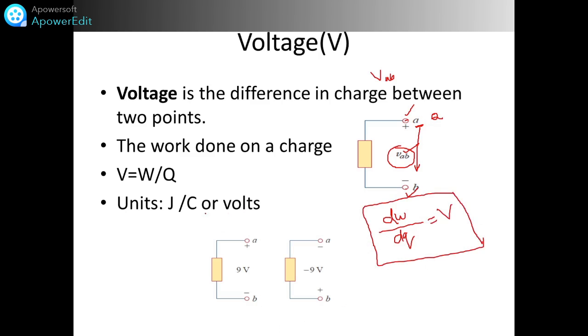It is measured in volts or joule per coulomb. The work is measured in joules, and charge is measured in coulombs.